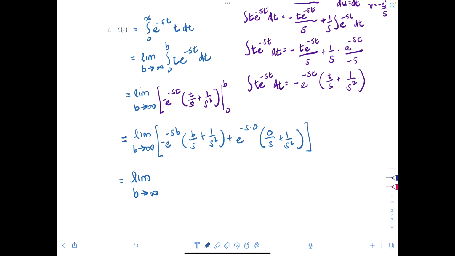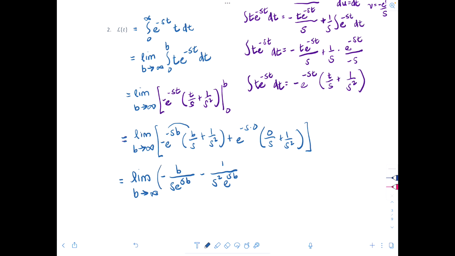So I'm going to multiply that through and we'll have negative b over s e to the sb plus 1 over s squared, and actually that'll be minus because of the sign on the e to the s times b.